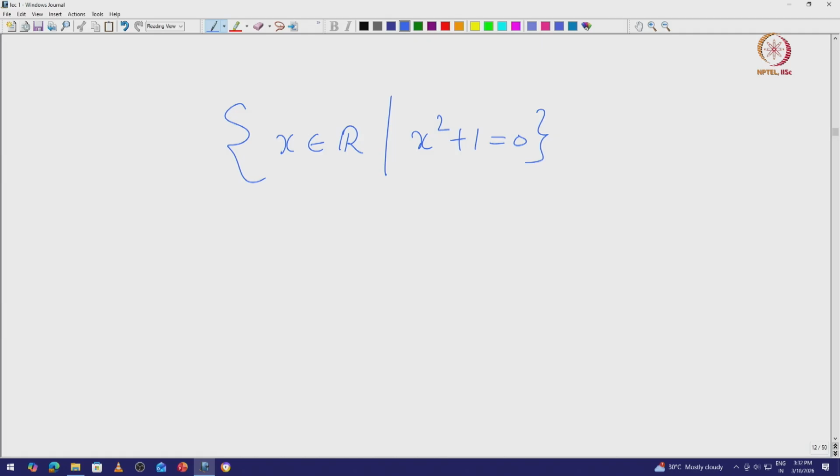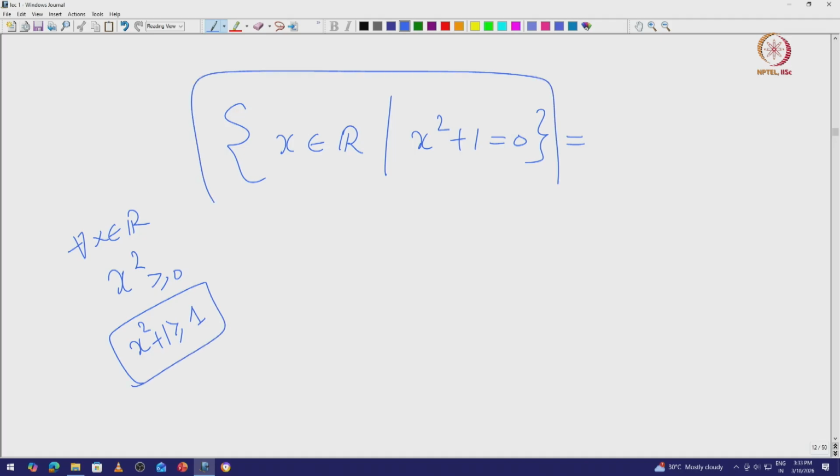For all real numbers we know that x squared is greater than or equal to 0, so x squared plus 1 will be greater than or equal to 1. That means this set cannot be non-empty, so it has to be the empty set.